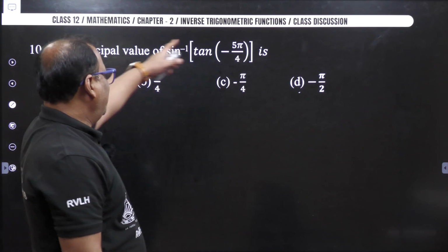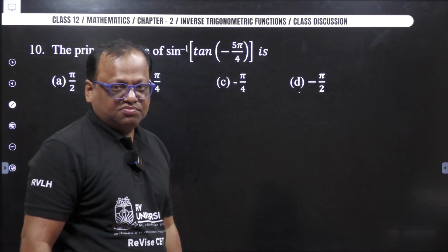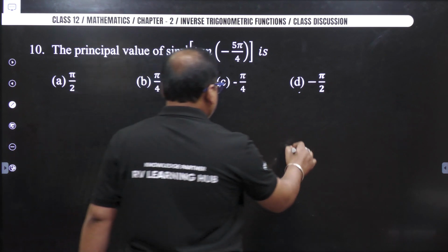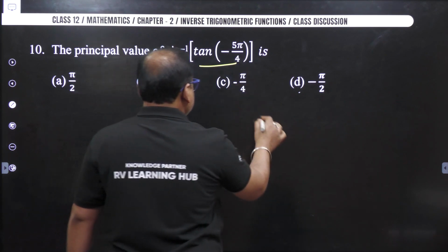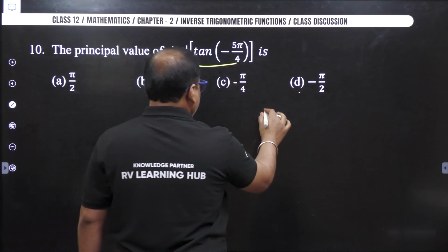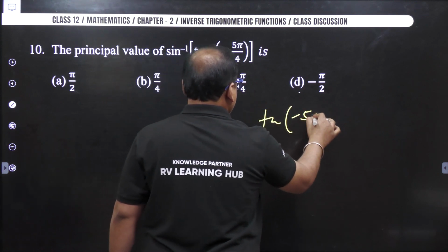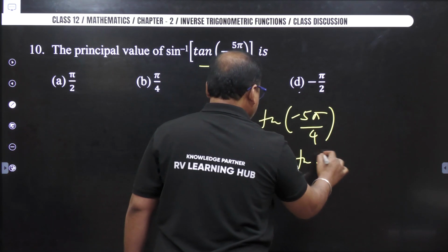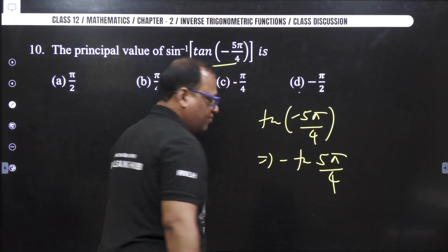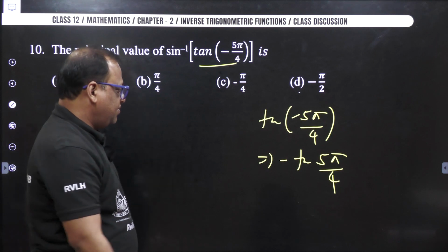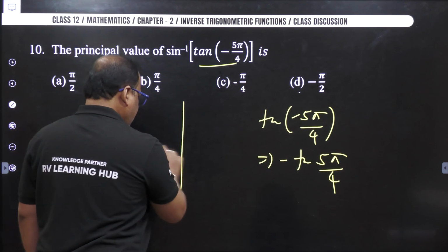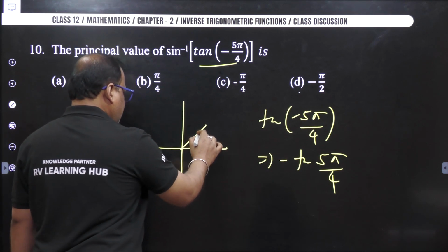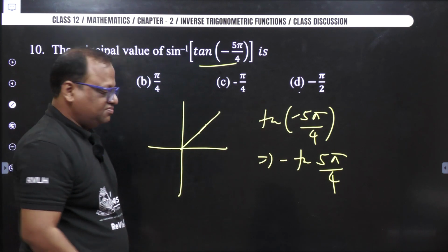So principal value, I have given you in the synopsis. What is the tan of minus theta? Tan of minus theta is minus tan theta. So tan of minus pi by 4 will be reduced to minus tan pi by 4. Look, this is how I understand it. 90 degree is divided into two parts.